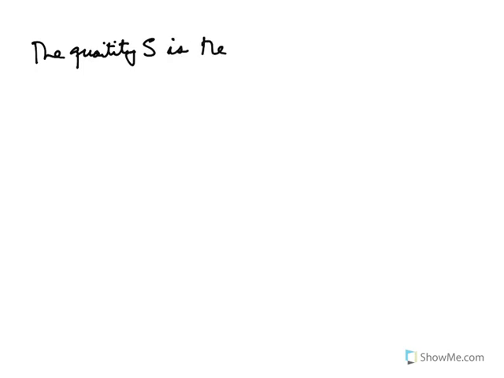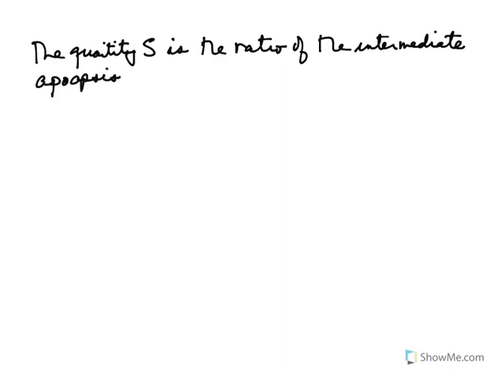Now, the quantity S is the ratio of the intermediate apoapsis radius to the radius of the terminal orbit.